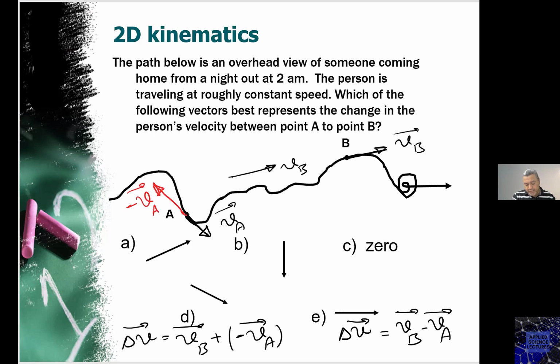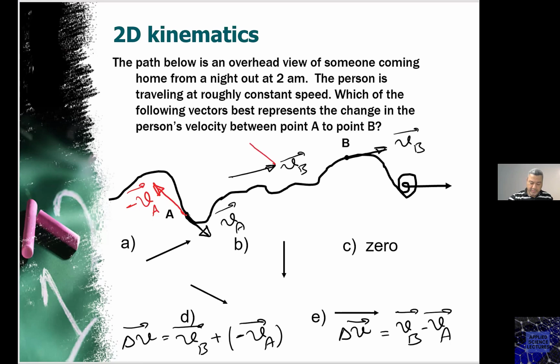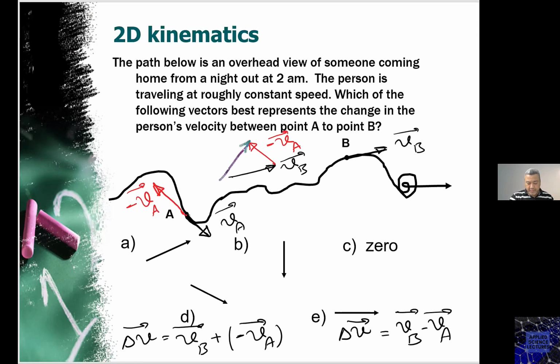This is VB. And then I will take minus VA. Right, so this is minus VA. And which one do you think represents the correct answer? A. A. You are absolutely correct. So this is A.